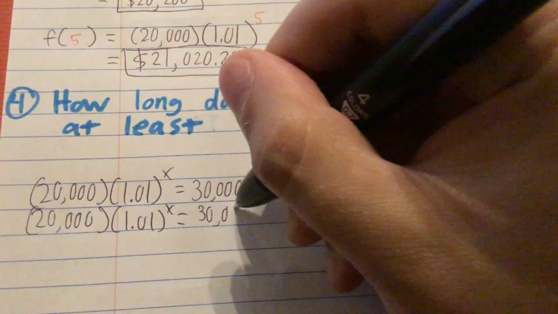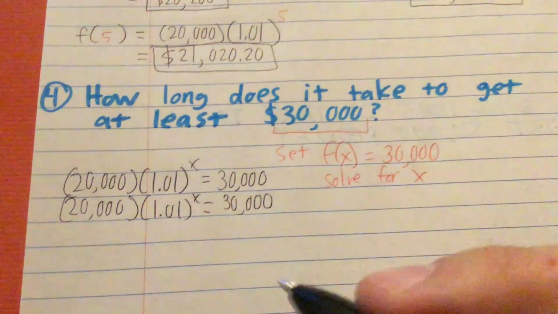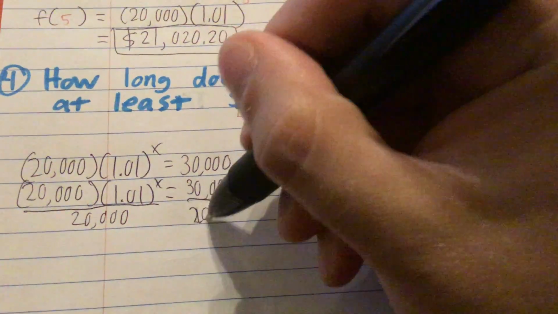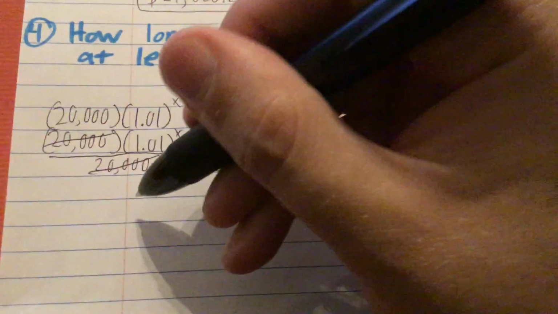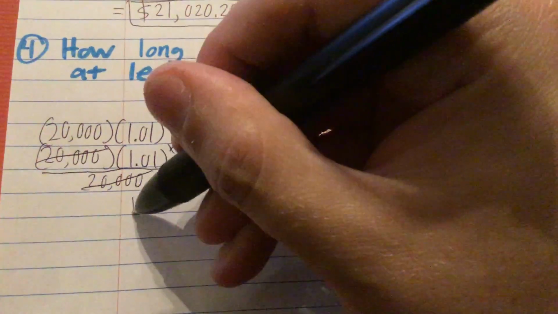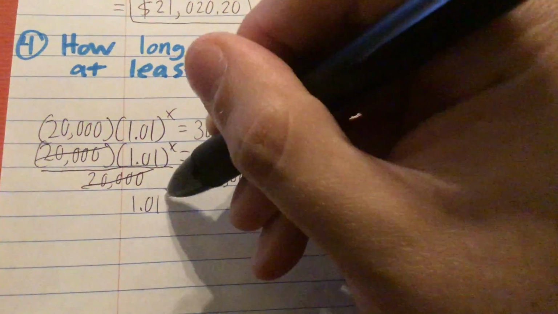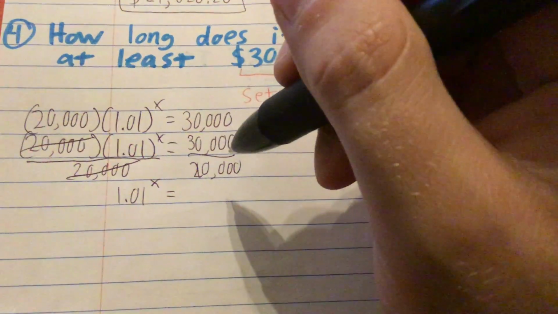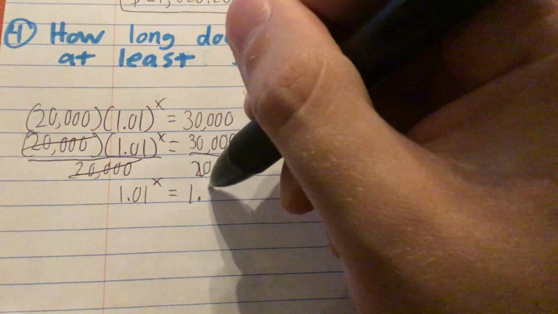So let's say I want to solve for x. Well, first things first, that x is an exponent, but luckily I can divide 20,000 on both sides. So what that does now is it leaves me with 1.01 to the x power, and I'm just going to cancel out a bunch of zeros. 30,000 divided by 20,000, that is 1.5.